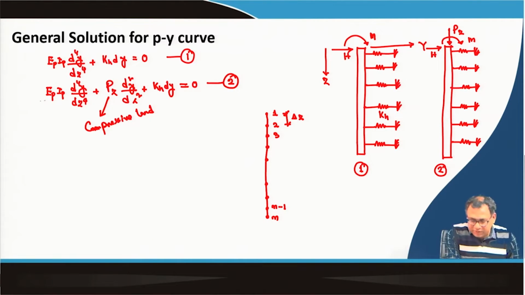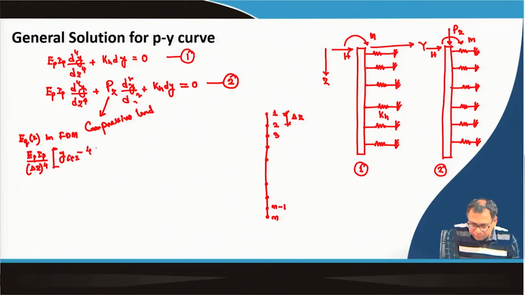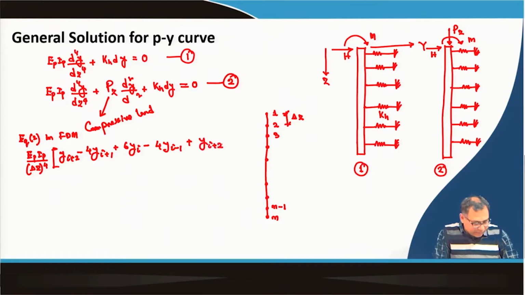If I express this equation 2 in finite difference method, it will be EpIp divided by del z to the power 4, times y(i+2) minus 4 y(i+1) plus 6 y(i) minus 4 y(i-1) plus y(i-2).